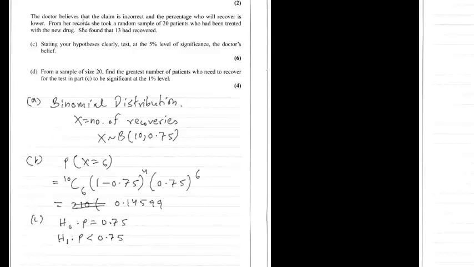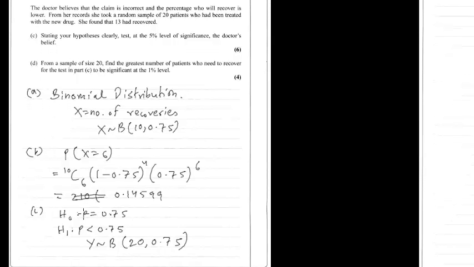Okay, from her records she took a random sample of 20 patients. Remember, number of patients was n, so the distribution now has changed from X to Y. So 20 patients, probability of success is the same, who had been treated with the new drug. The number of recoveries is 13, so that is the value we have to test.